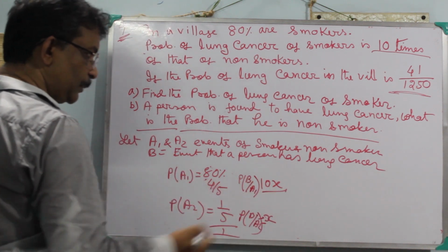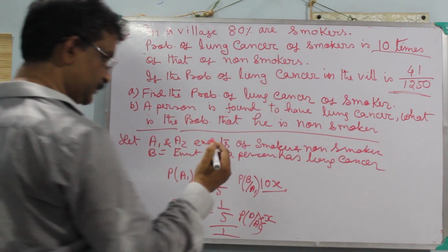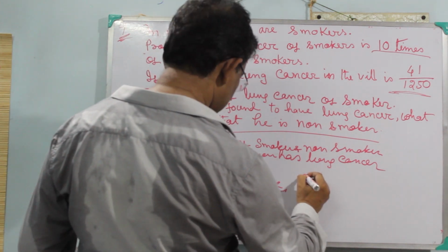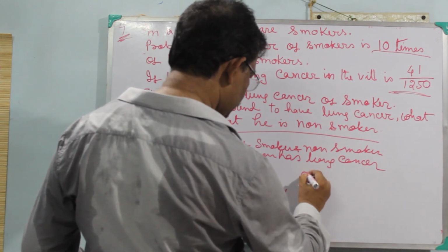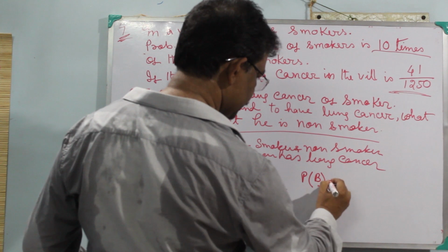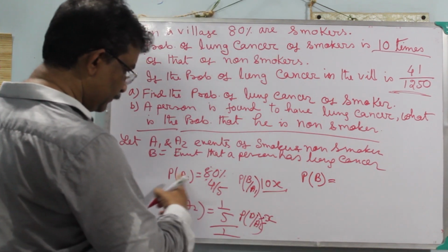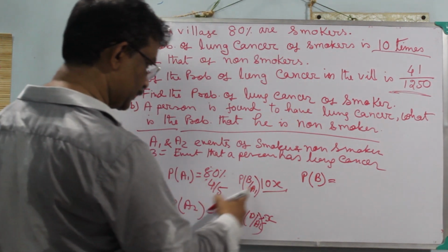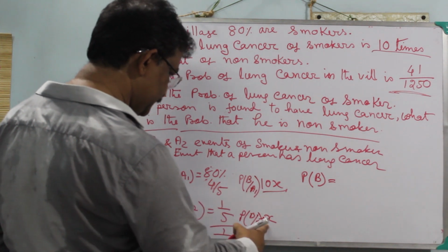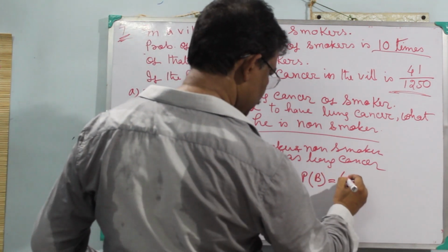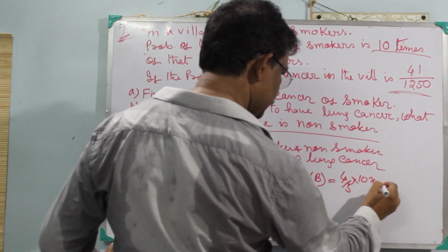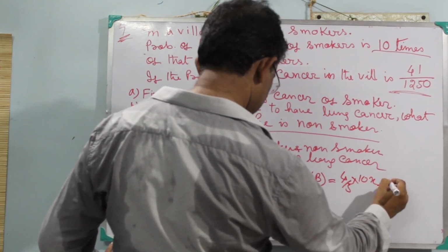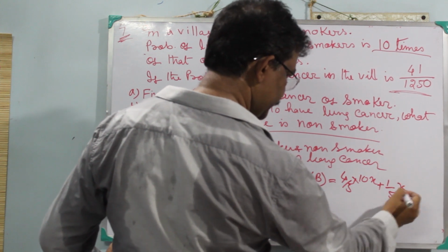So what is the total probability of lung cancer in the village? It is the probability of lung cancer when they are smokers and when they are non-smokers. That means this into this plus this into this. So 4 by 5 into 10x plus 1 by 5 into x.